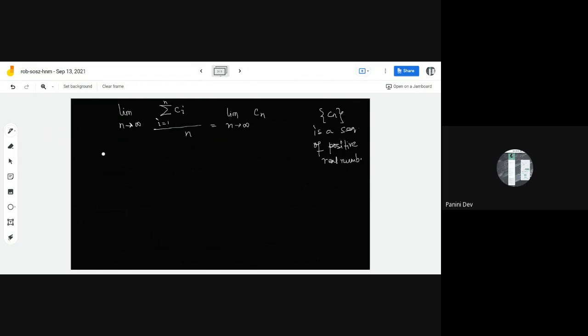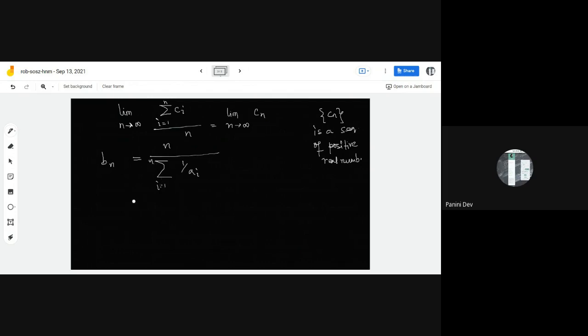As you can see, if you write Bn down properly, it looks like this. Let us first write it the way it has been given: summation of 1 by ei, i equals 1 to n.